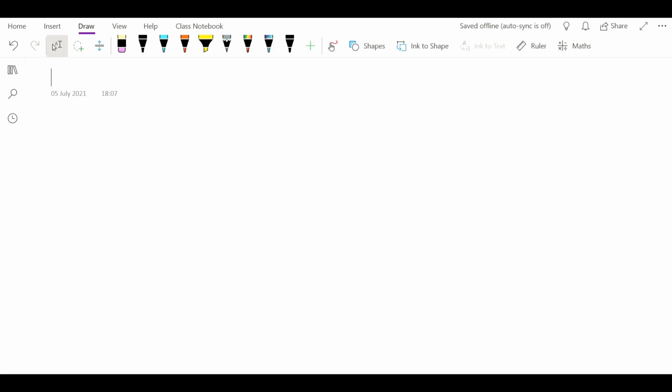Now we will discuss properties of logarithms. Basic properties of logarithms.